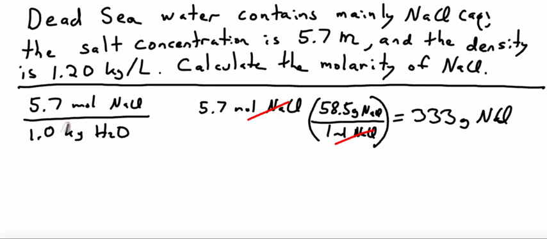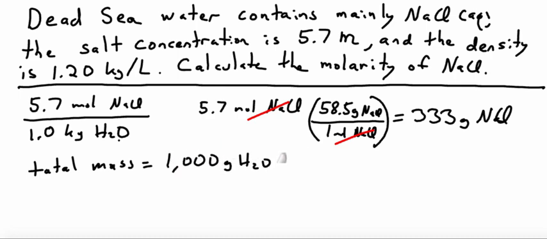So the total mass of solution that corresponds to this much sodium chloride is going to be the sum of the water mass and the sodium chloride mass. We have to calculate the total mass to get the total volume. So we've got 1,000 grams of water, and we've got 330 grams of the solute, the sodium chloride.